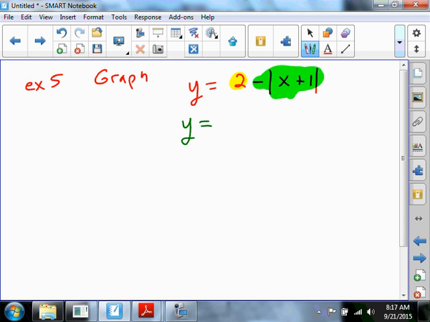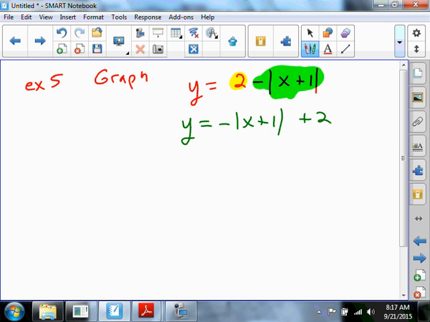What's this going to look like in the form that we've been dealing with? y equals, how about negative the absolute value of x plus 1? Now, what are we going to do with that 2? It's going to be added at the end, so it's going to be plus 2 at the end, right? Does that make sense? Because these ones really trip people up. They drop the ball on these ones.